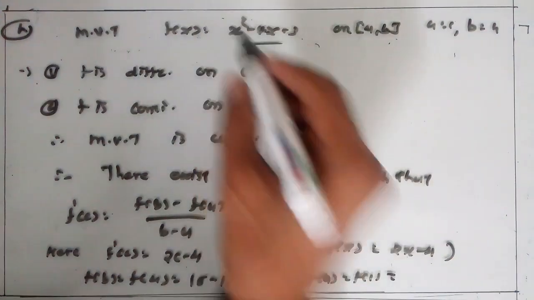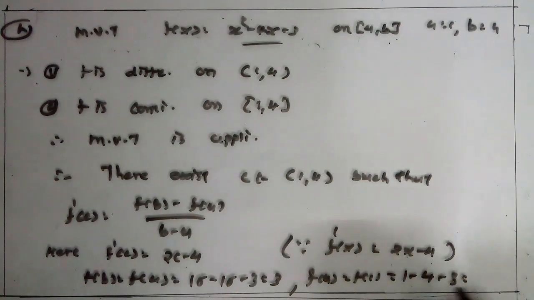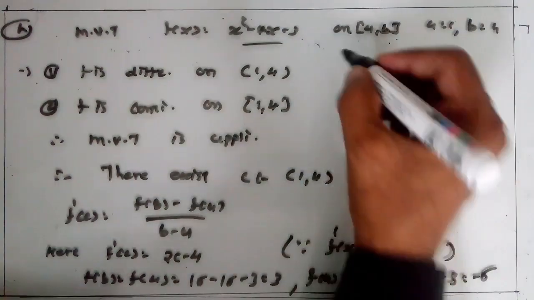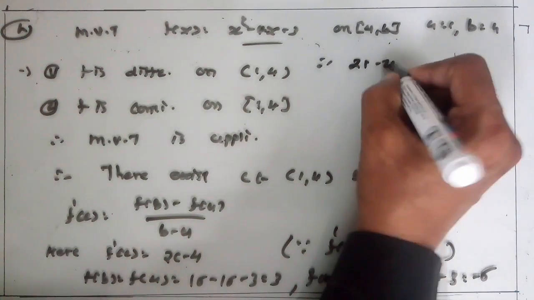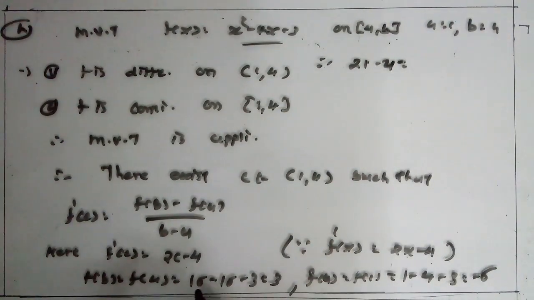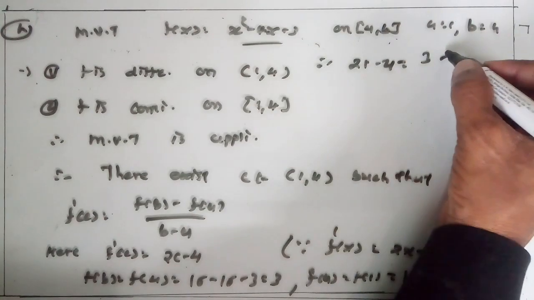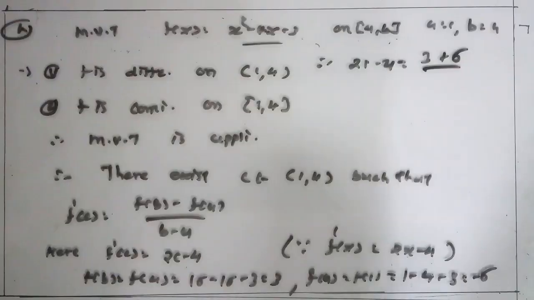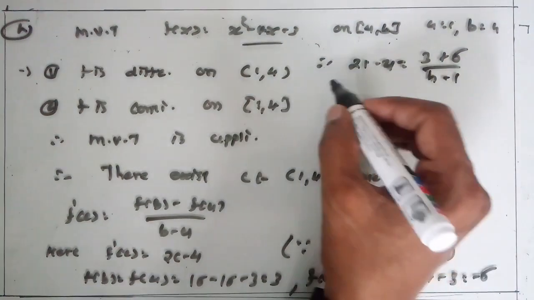So 1 square is 1, minus 4, minus 3, is equal to minus 7 plus 1 becomes minus 6. It's clear? Therefore f dash c is 2c minus 4, f of b is minus 3 minus f of a is minus minus 6, so plus 6 upon b minus a, so 4 minus 1.